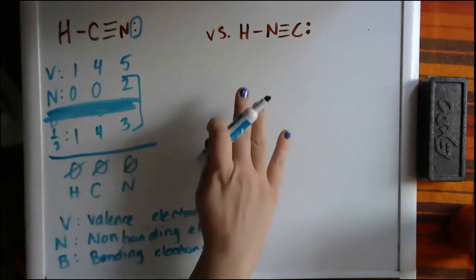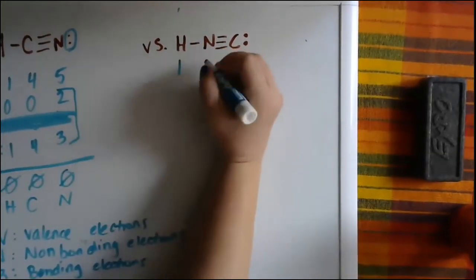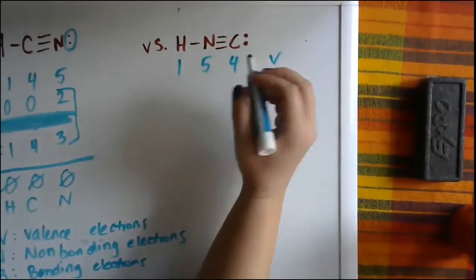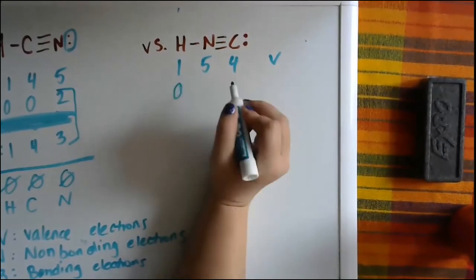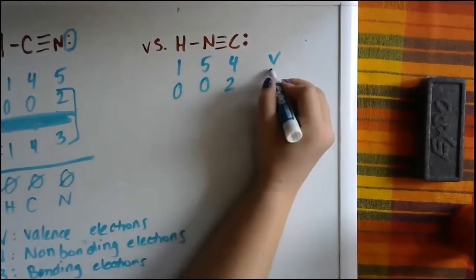Okay, now let's do the same process over here. 1, 5, 4 for our valence. We have none there, and 2 there for our non-bonding.